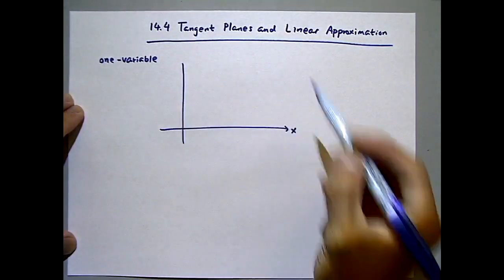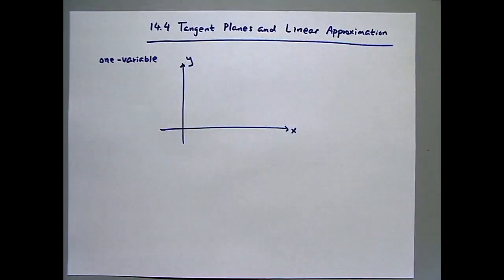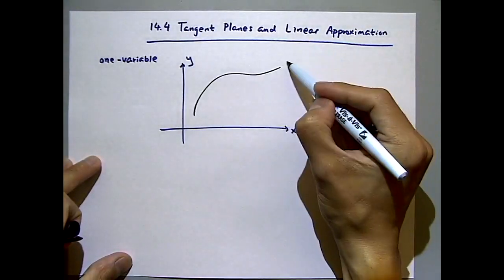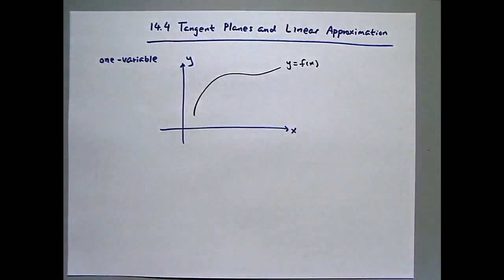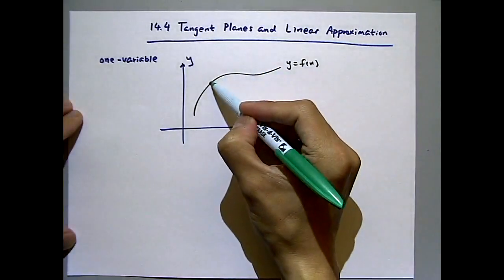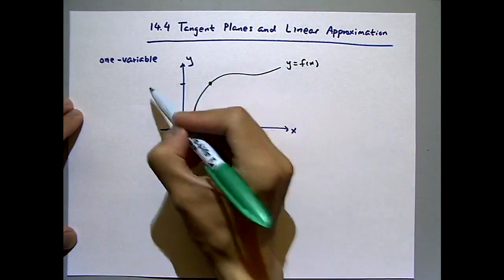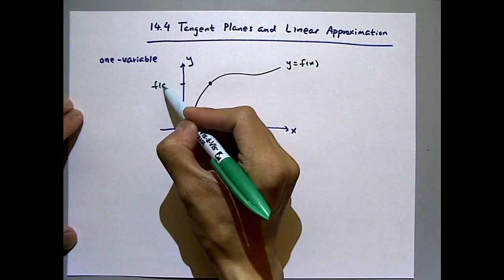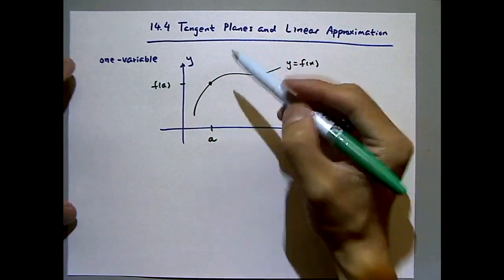Now you might remember that in the one variable case, if you had some function, y is equal to f of x, and you choose some point on this curve, let's say right here, where x is equal to a and y is equal to f of a, we know how to find a tangent line.